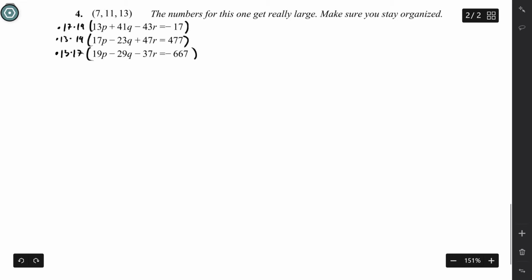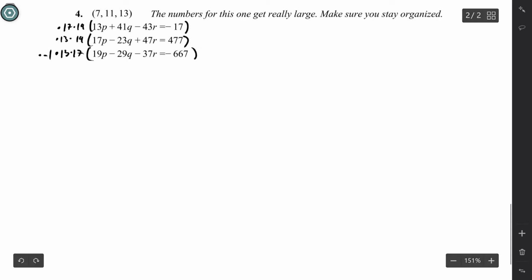Now that would mean we have all positive p's, so I'm going to throw in a negative on one of them as well, just by -1. It does not matter which one we pick, because this one's already negative. It'll make the constant on the outside positive. That's why I'm picking that bottom one. But you can pick any. You could even pick this one. I mean, if you wanted to, heck, you could pick the middle one. Doesn't matter. We're going to get to the same solution one way or the other.